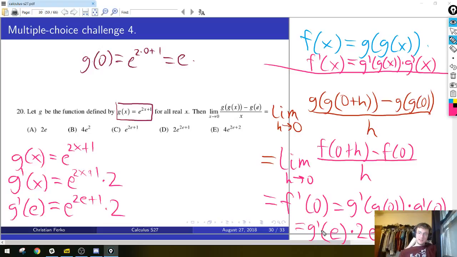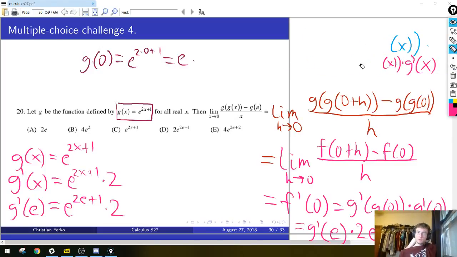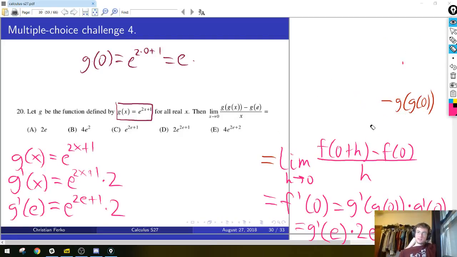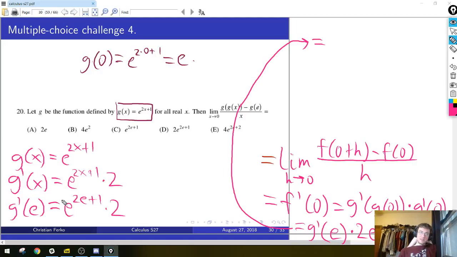Good. Now I'm going to do very sloppy board work and erase and start calculating upwards because I've run out of space. So g prime of e, as you've told me, is e to the 2e plus 1 all times 2, and we have to multiply that by the second factor, which is again 2e.